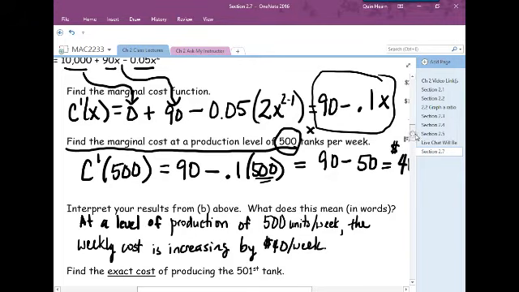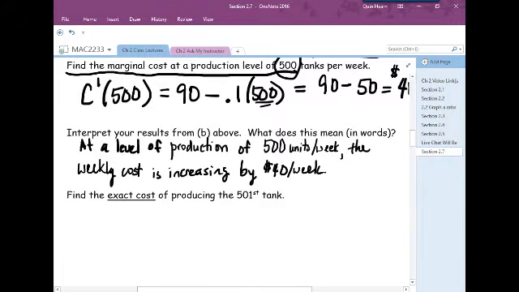Okay. Now, you might then predict the cost of the 501st tank because at this moment we're increasing by $40 per unit per week. So if we go up by one more unit, it should increase the cost by about 40.